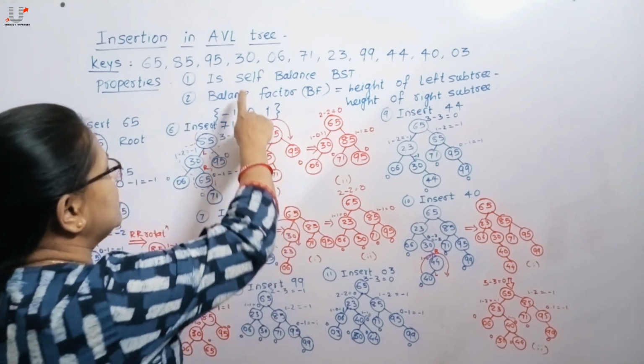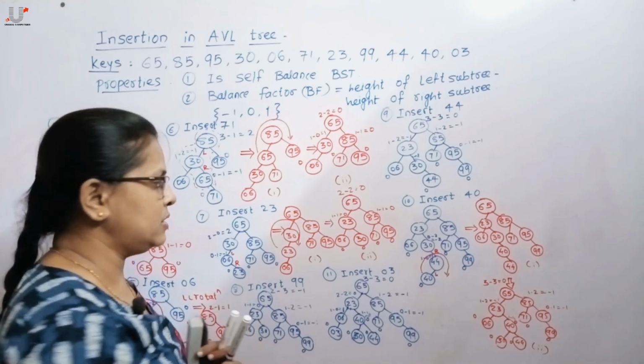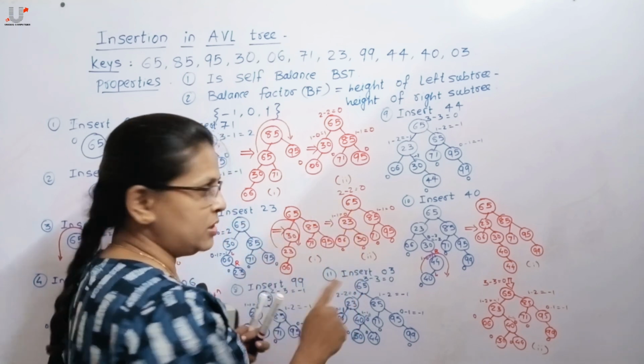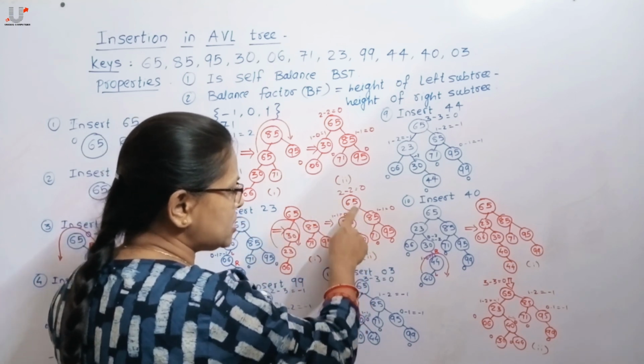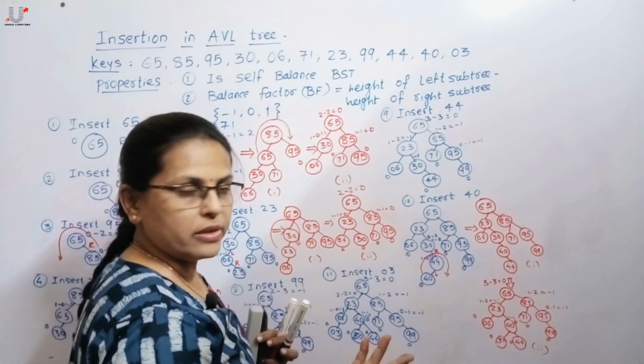That means it's a self-balanced binary search tree. Binary search tree means each node has at most, maximum 2 children. It may be either 0, 1 or 2 children.